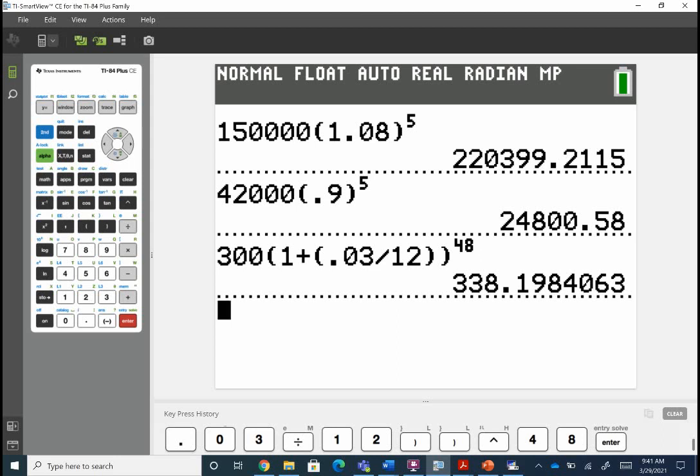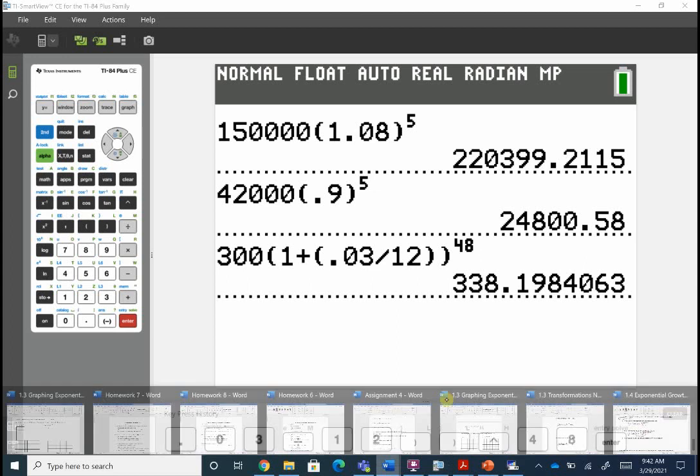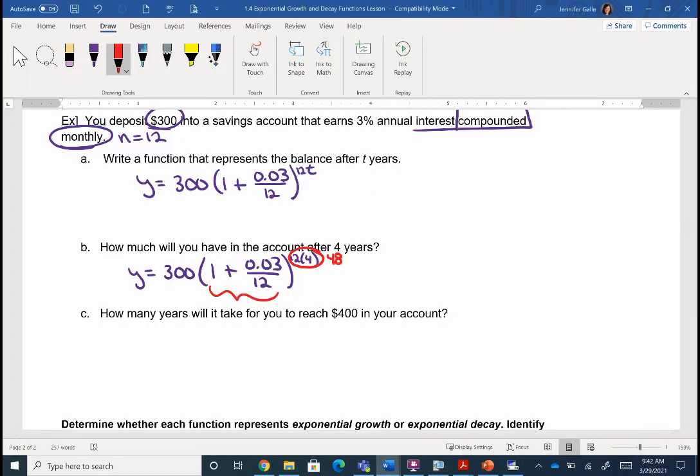So you would have made $38.20 doing absolutely nothing. Kind of cool how savings accounts work, right? Didn't have to do anything. You would have earned $38.20 after 4 years.